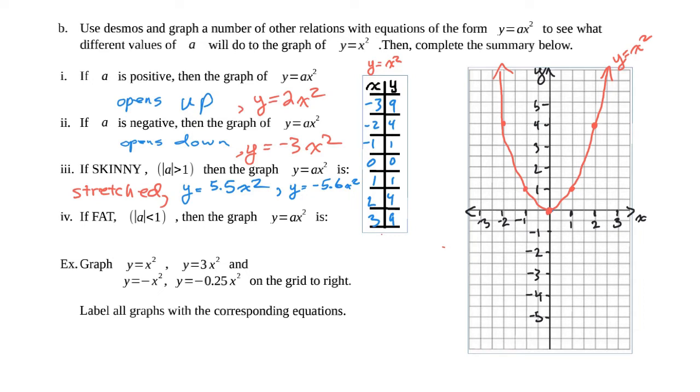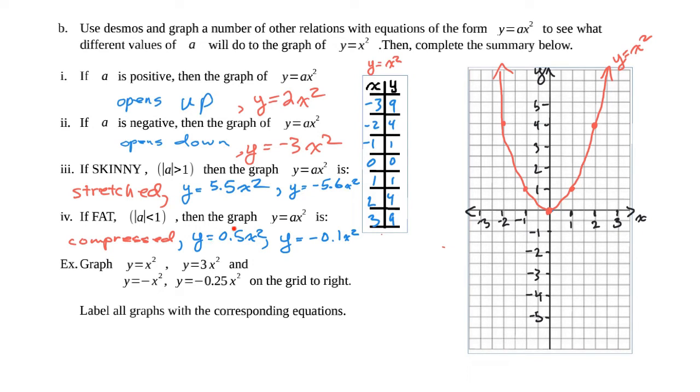Now, for this next one, we say a graph is fat or flatter. So it gets squashed. Then the graph is described as compressed. An example of this would be y is equal to 0.5x squared, or you could come up with y is equal to negative 0.1x squared.